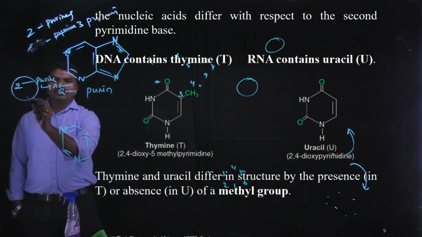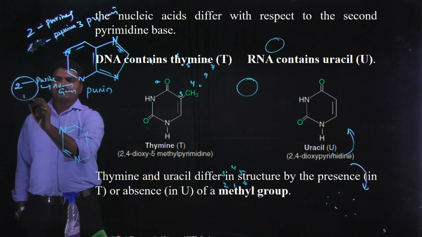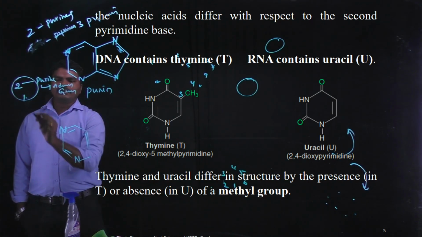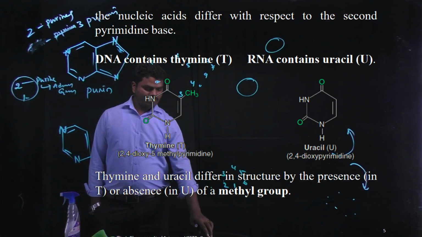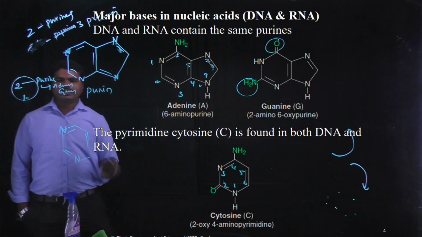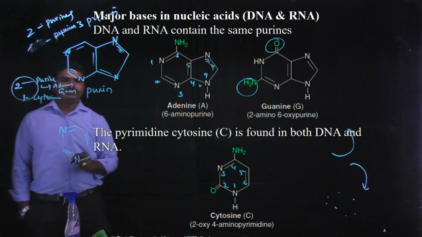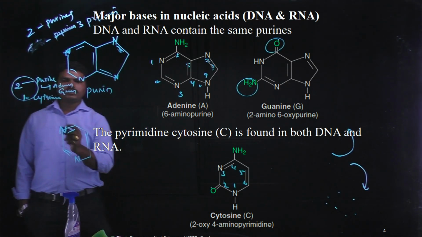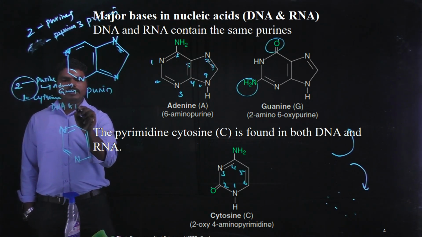And coming to the pyrimidines, one pyrimidine is cytosine. Cytosine is also called 2-oxy-4-aminopyrimidine. So it is also common in both DNA and RNA.